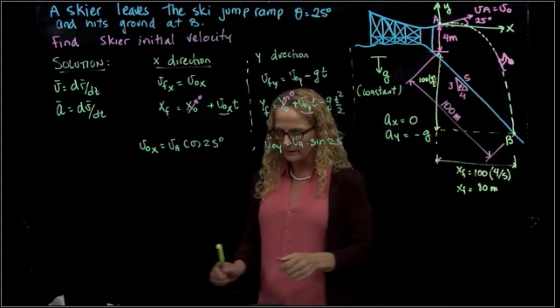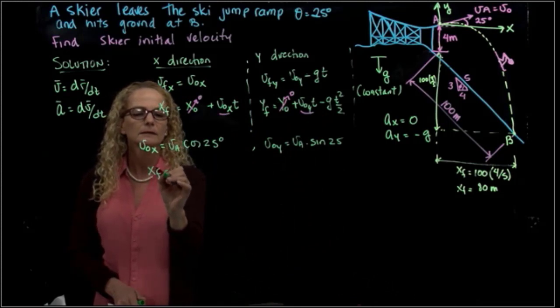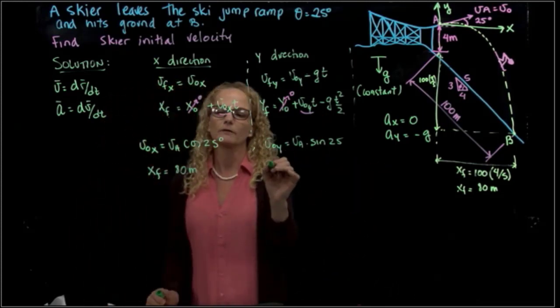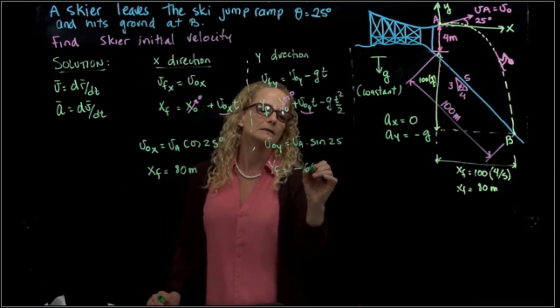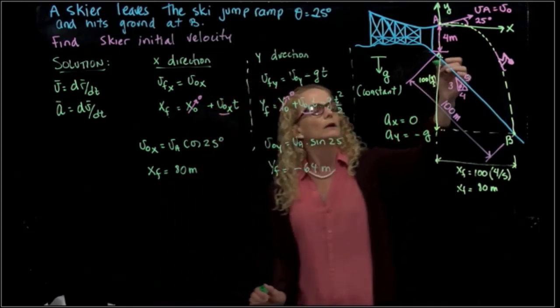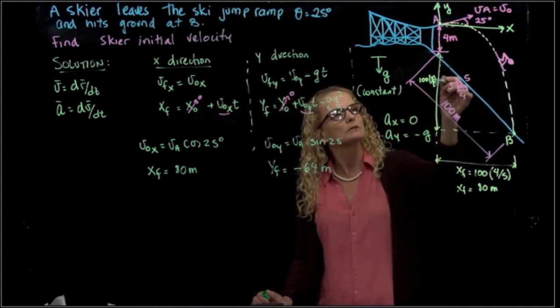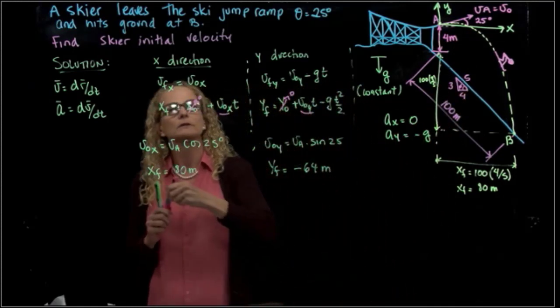So finally, I can write here that my final x is equal to 80 meters, and my final y is negative 64 meters. So you see that it is those 4 and those 100 times 3/5.